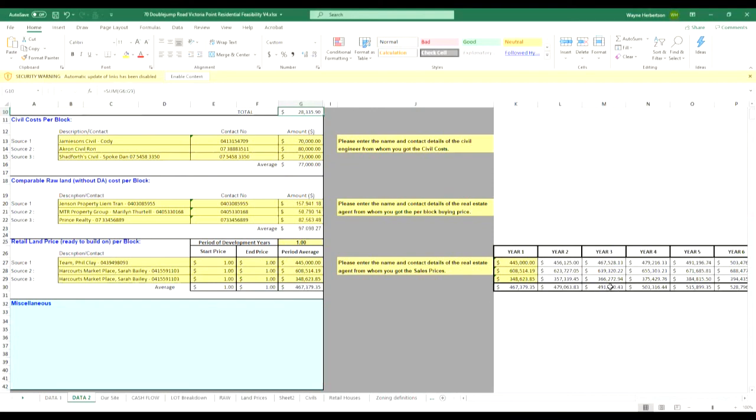We believe the price will be around that 490 to 500,000 mark when you're going to be trying to sell them. That's how we do our aging. If I was selling them right now today, I'd be selling them for 467, but we haven't got the blocks ready today. We're going to have them ready maybe next year. It'll be 479, and then the year after is going to be 491.